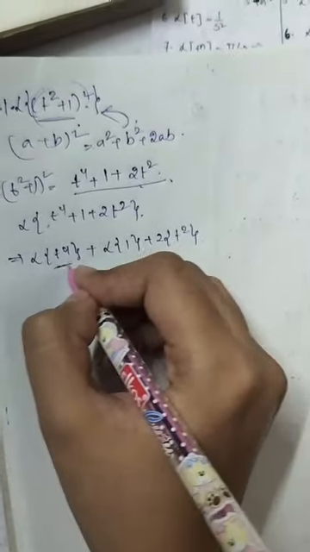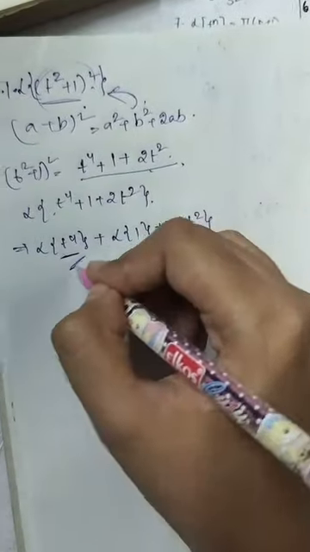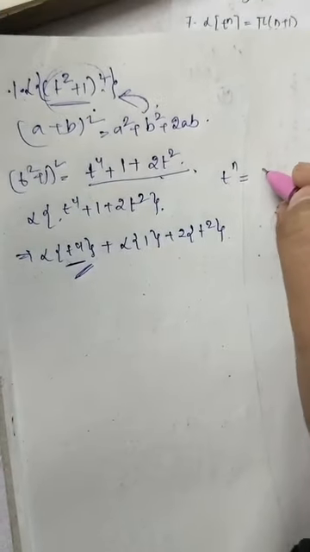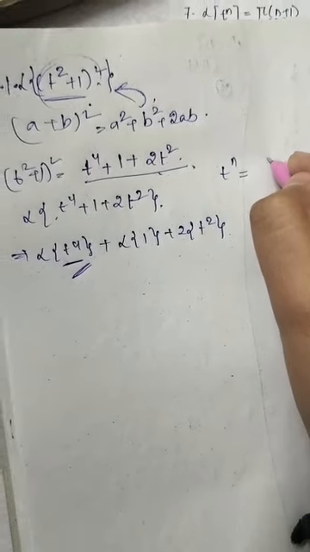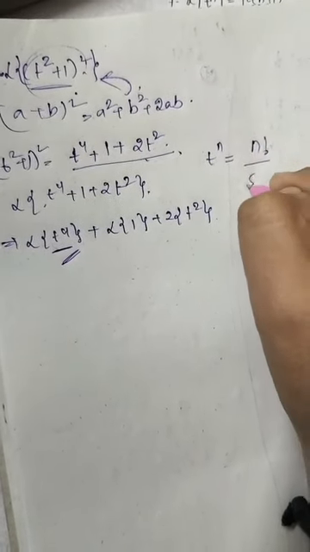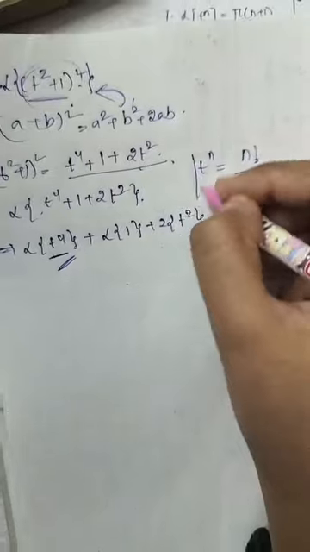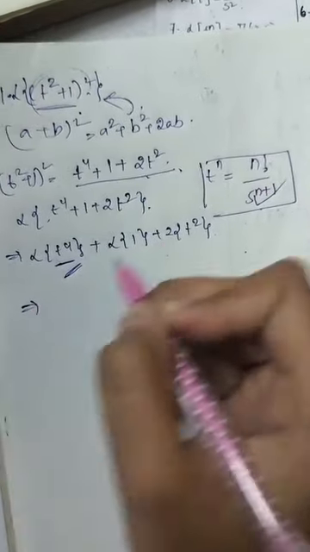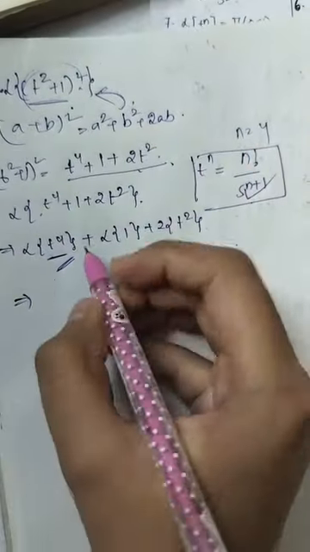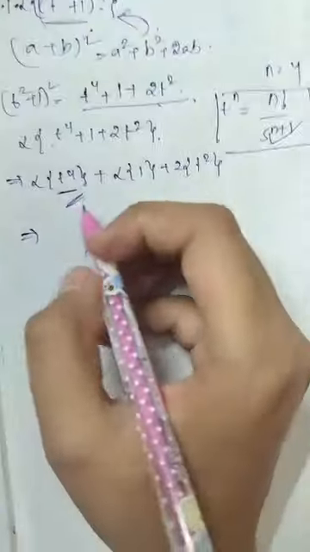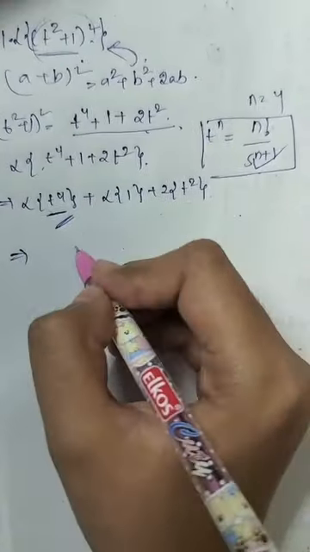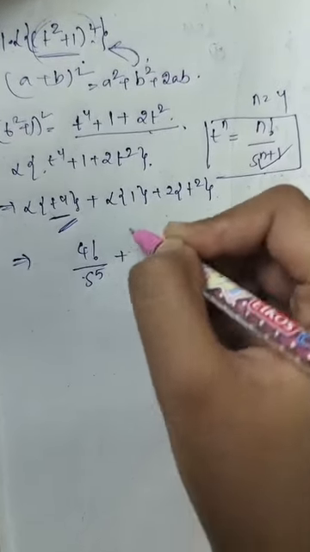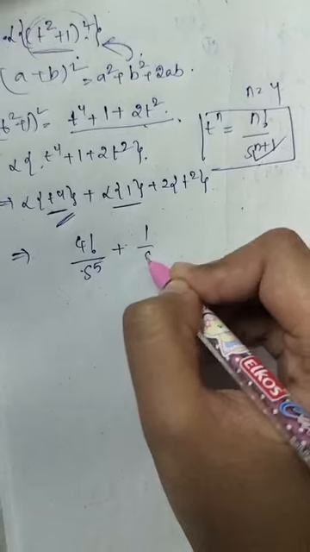Now we can see it is of the form t power n, whose Laplace transform is n factorial by s power n plus 1. So this is the formula. Let's apply this. Here, what is n? 4. So we can write 4 factorial by s power 5, plus the Laplace transform of 1, which is 1 by s.